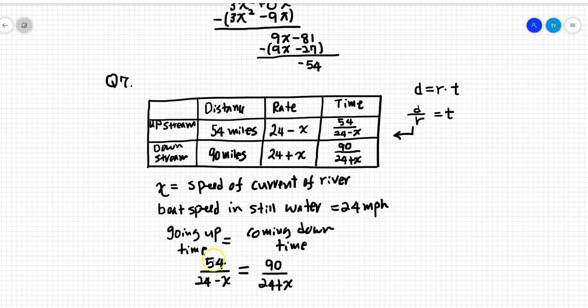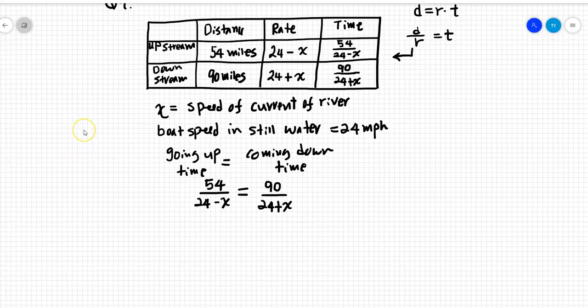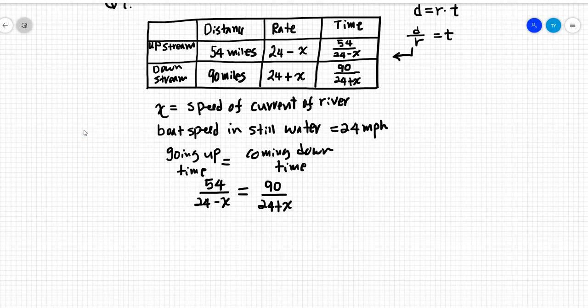Okay. Alright, so we need to solve for x, and that should be our work there now. There's a couple of ways we can do that. We can eliminate the denominator by multiplying both sides by 24 minus x and 24 plus x. So why don't we just do that? Or you can just cross multiply if you like.